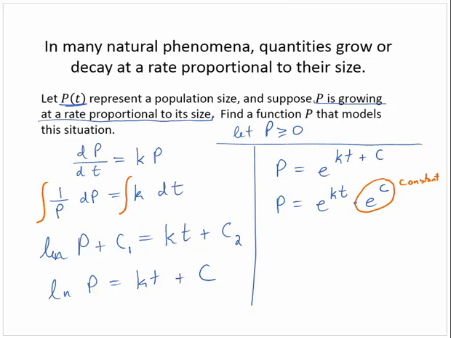And so what we generally do here is we write that constant as some other letter. So what we normally do now is we write that P of t, or just P, is equal to, I'll use A, e to the kt.